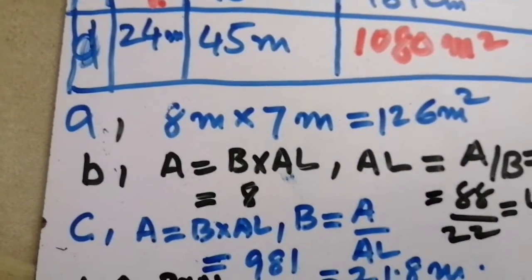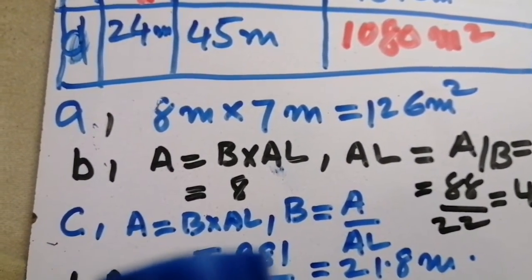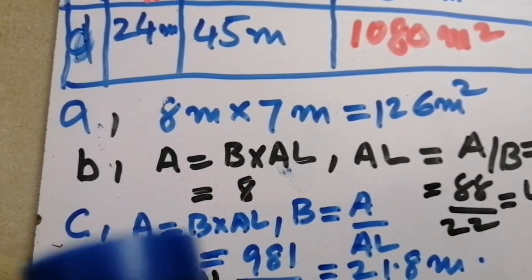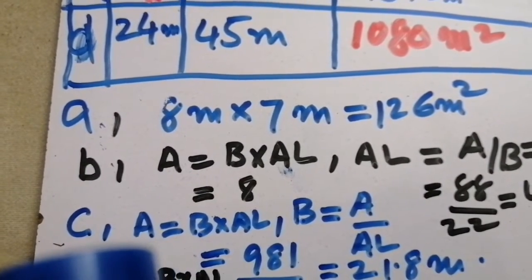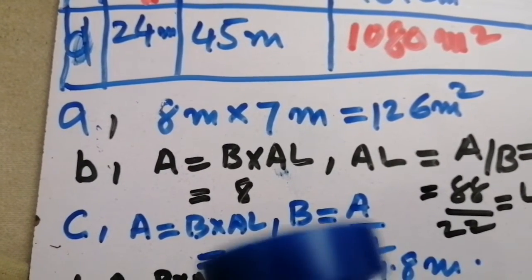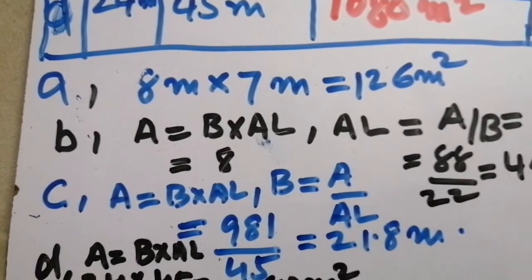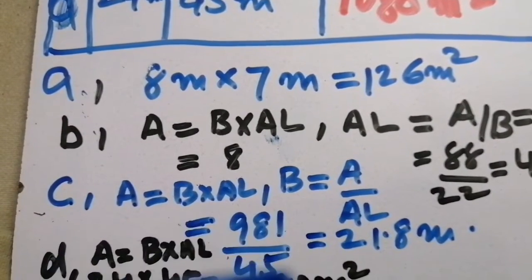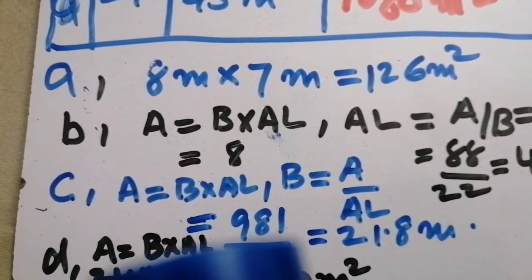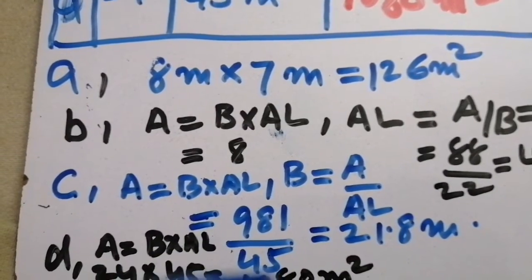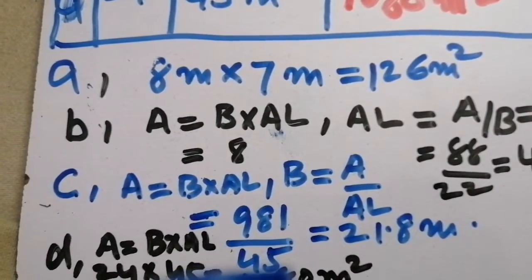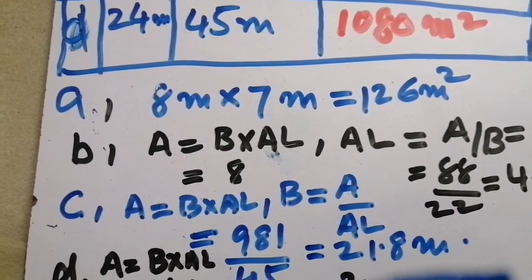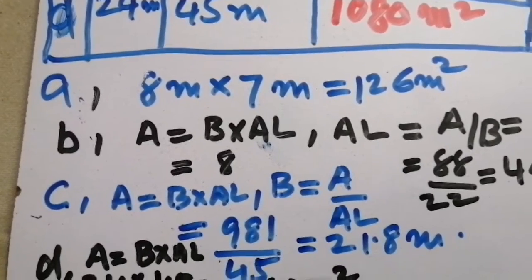In the formula we have A is equal to B into L. We have to find B, so we divide both sides by L. Then L is finished, and B is equal to A by L. So put the values here: the area is 981 meters square divided by the altitude, which is 45. So it will become 21.8 meters.